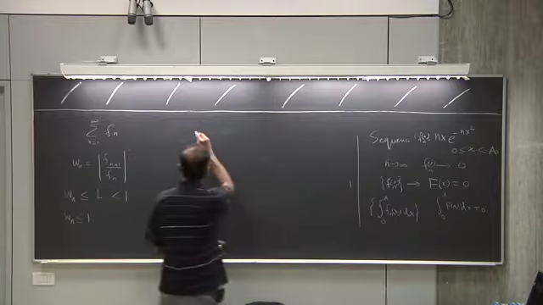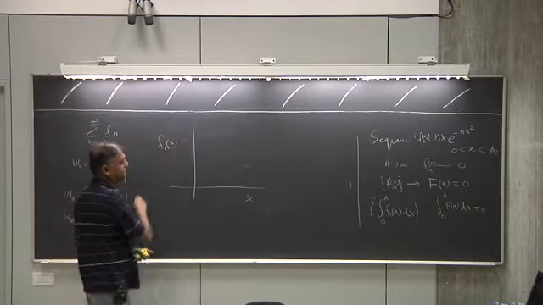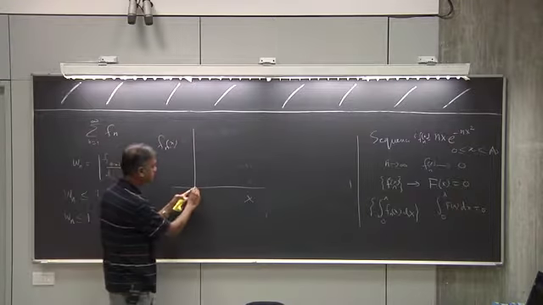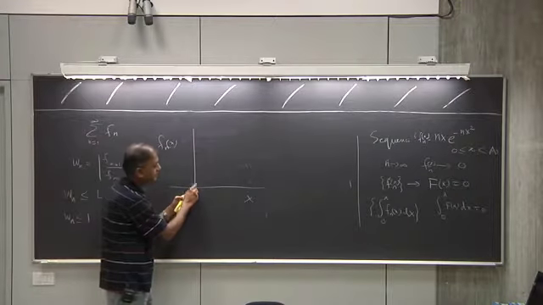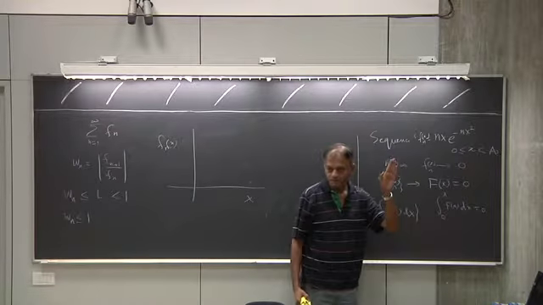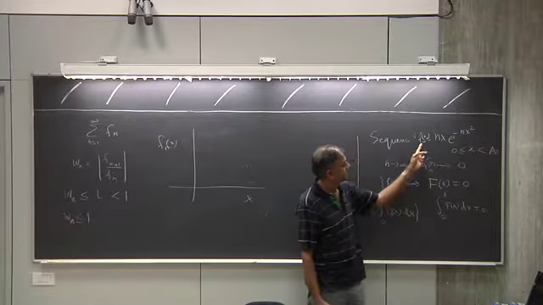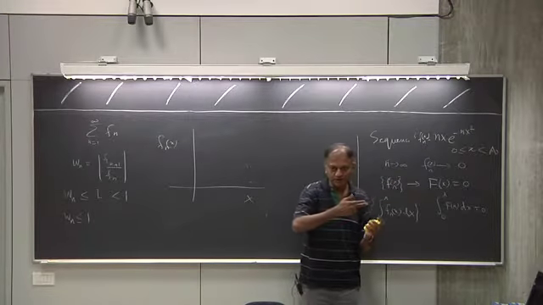So if I try to plot x and fn x, at x equal to 0 it is 0. But then what is the slope of this at x equal to 0? That you can obtain by taking the derivative with respect to x, and then set x equal to 0 to find the slope.